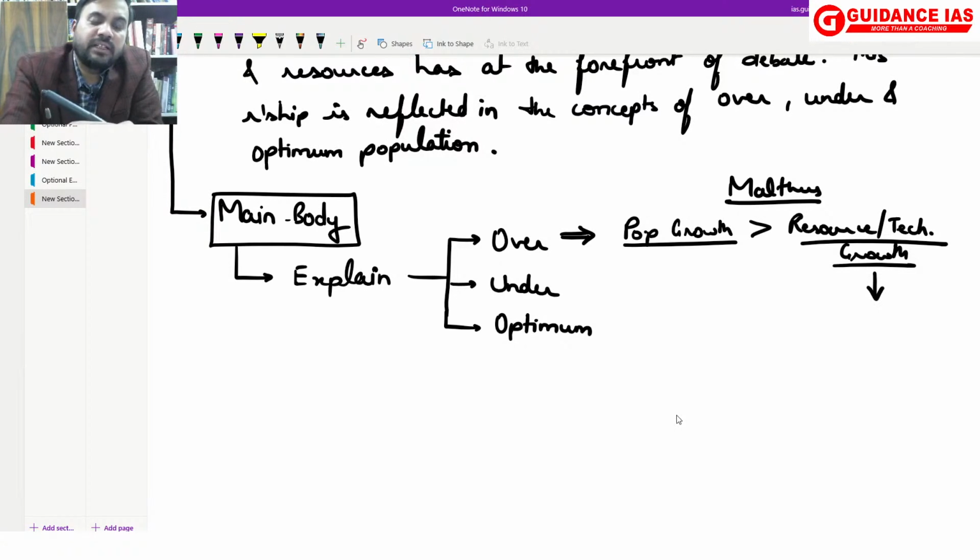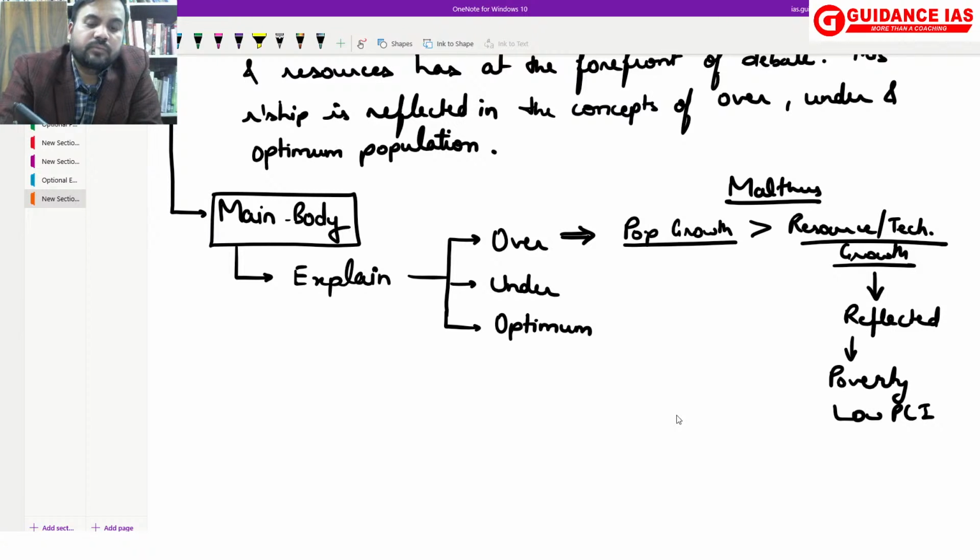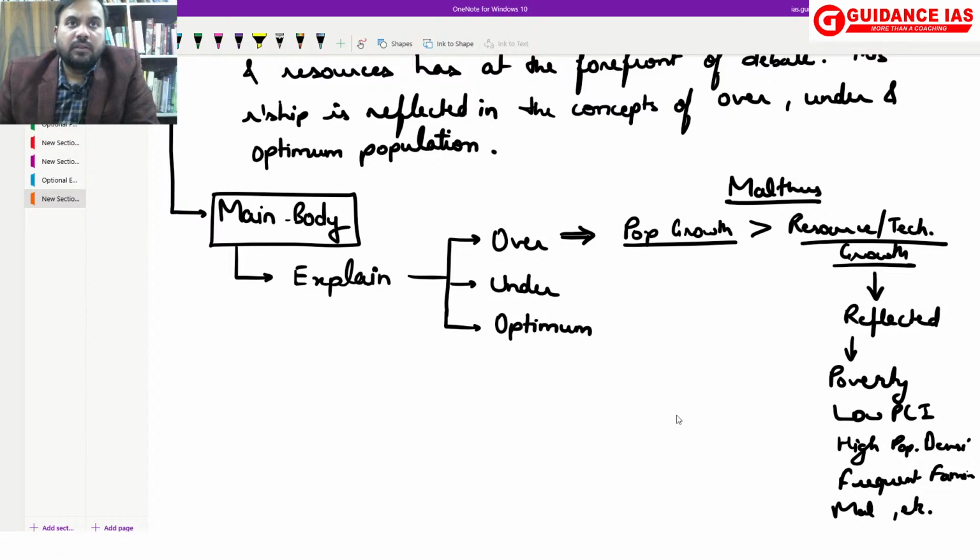You can write one more sentence and say it is reflected in features like poverty, low per capita income, high population density, frequent famines, malnutrition, food insecurity, etc. ठीक है.